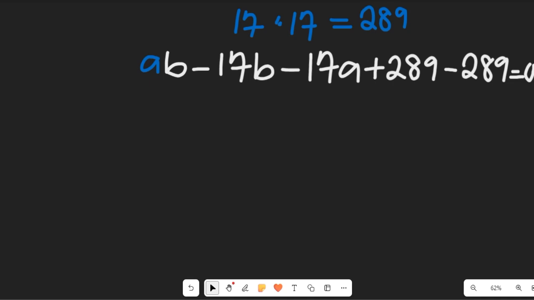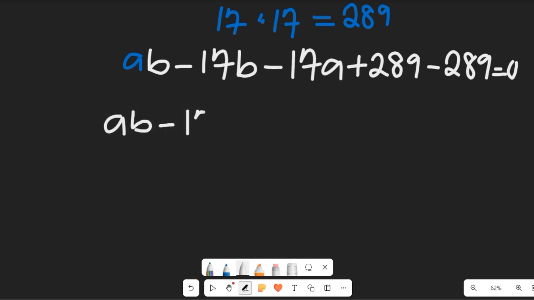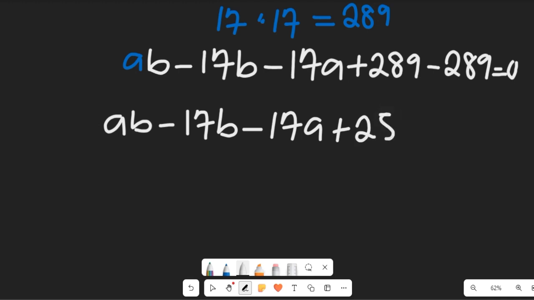So if I have this expression, I can simply expand now. I have my a, so this will give me ab. This is going to give me ab minus 17b minus 17a plus 289, right?